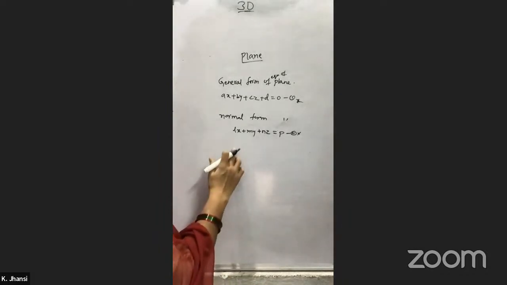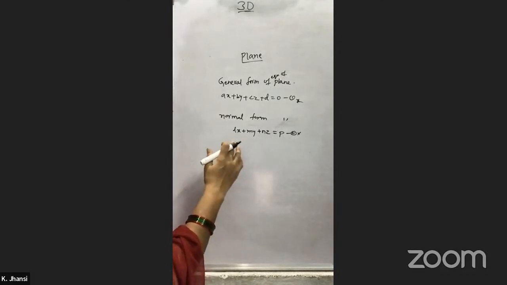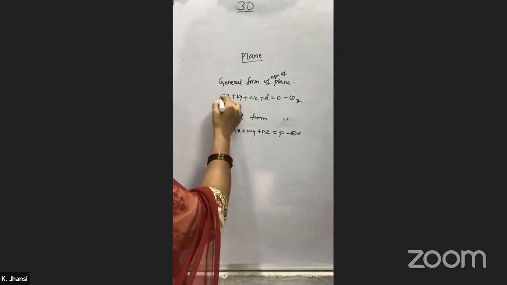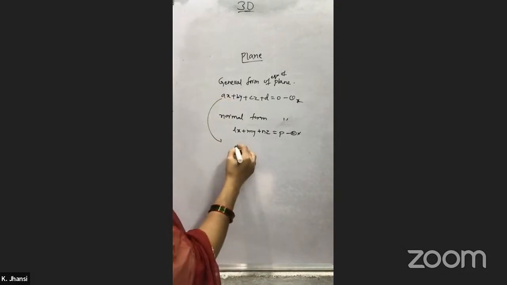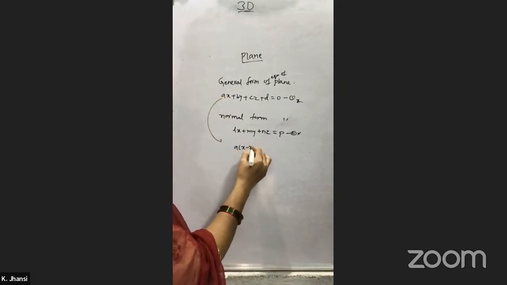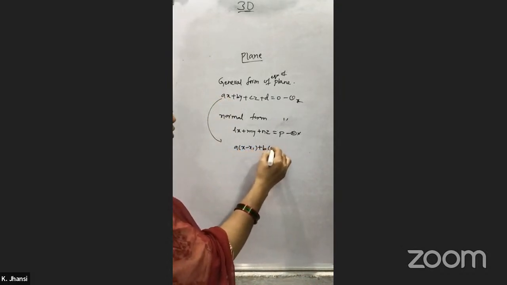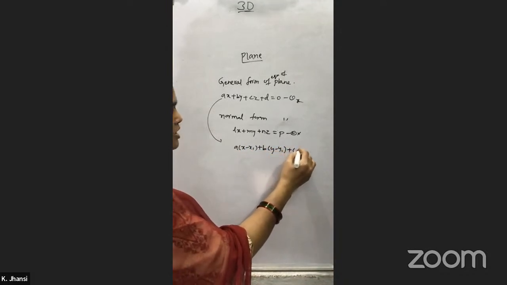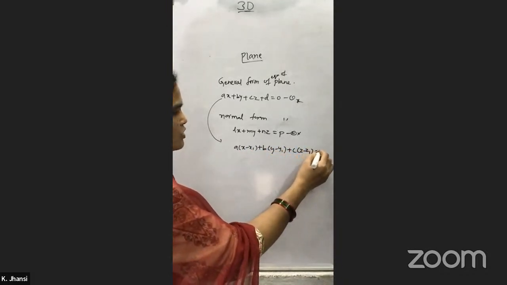Here, whatever the a, b, c are, if any one point is given, then we can find the equation of the plane passing through the point with the help of this formula: a into (x minus x1) plus b into (y minus y1) plus c into (z minus z1) equals 0.